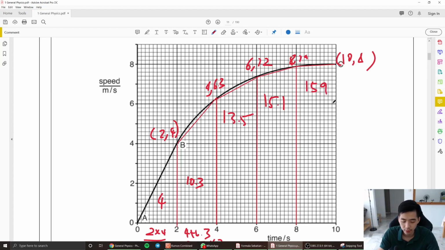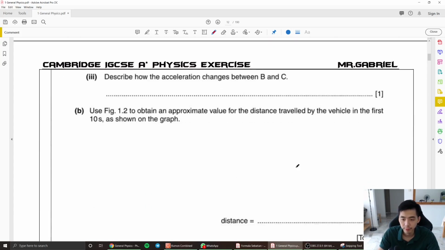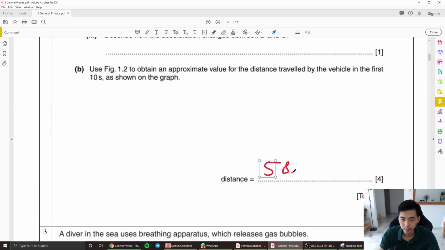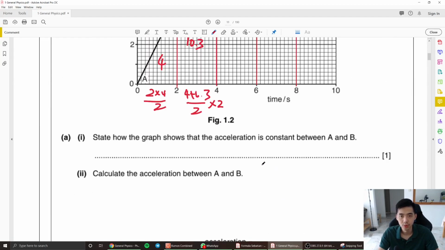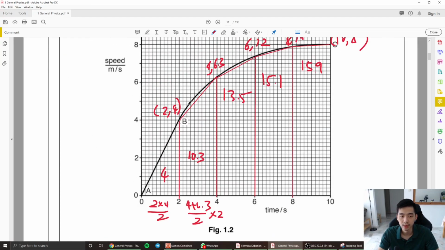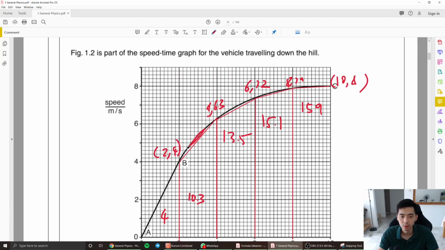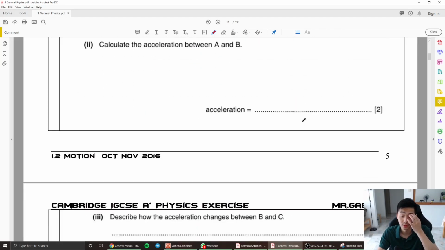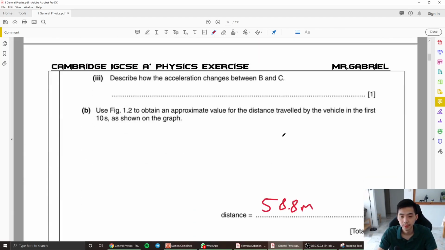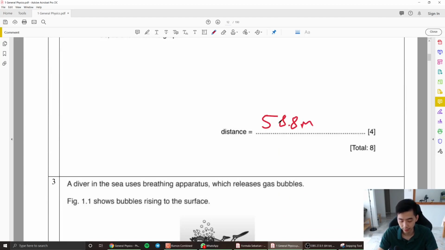Adding all of them together, 4 plus 10.3 plus 13.5 plus 15.1 plus 15.9, you'll get an approximate value of 58.8 meters. You're supposed to use approximate values. You'll neglect all this part here because you're just supposed to find the approximate values, right? 58.8 meters.